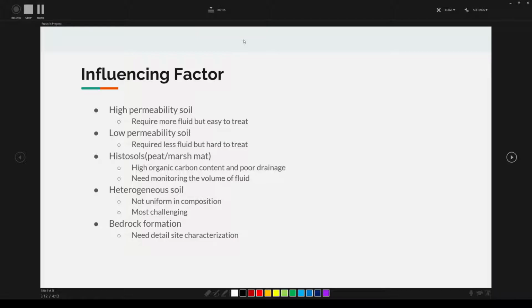The last factor is bedrock formation. Groundwater flow in bedrock formation is primarily controlled by fractures and bedding planes, although weathering and mineral dissolution may add additional pathways. Detailed site characterization is required to determine contaminant distribution and migration pathways, and subsequently injection well design and location.